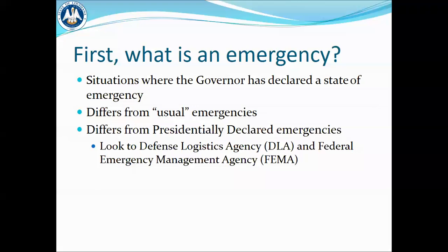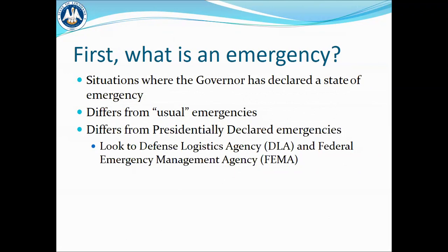So what is a usual emergency? Because that's going to be different from what we're talking about here. A usual emergency is going to be things like a pipe burst. We'll talk about that in a minute on the next slide. It's also going to differ from a presidentially declared emergency.